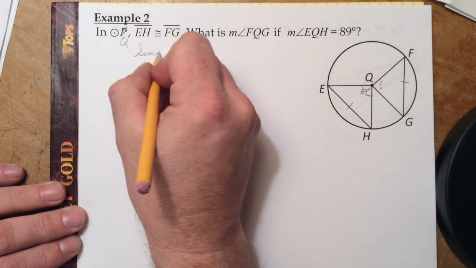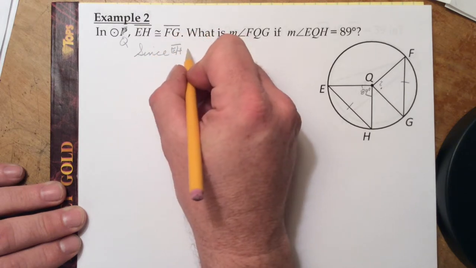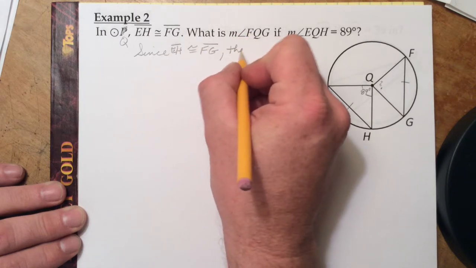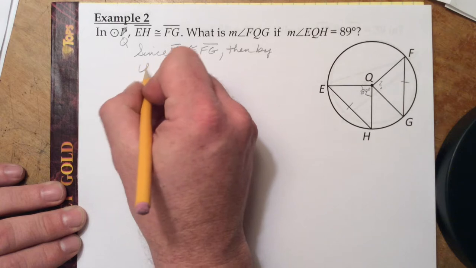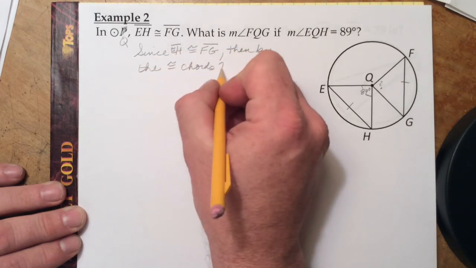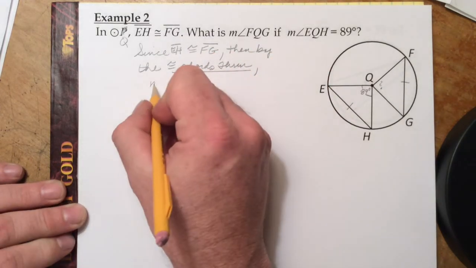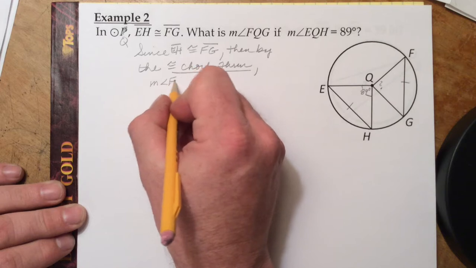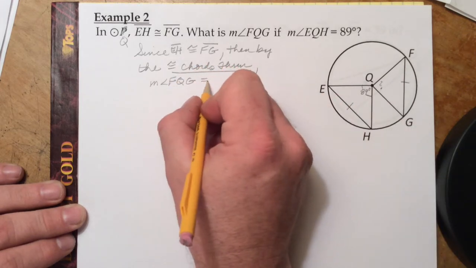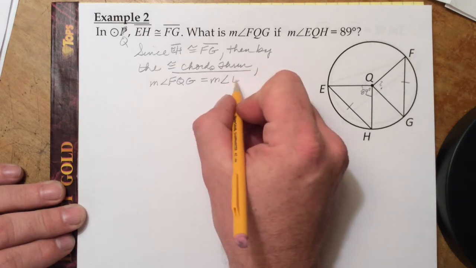Well, since chord EH is congruent to chord FG, then by the congruent chords theorem, the measure of angle FQG, central angle, has to be equal to the measure of that other corresponding central angle, angle EQH.